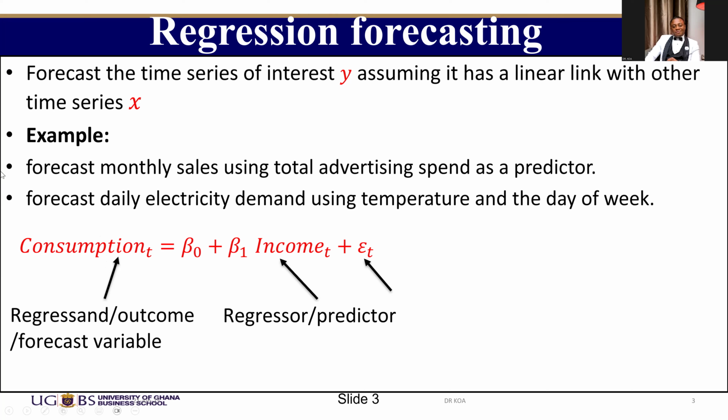For example, you and I know that it's not only income that can affect consumption. What are other factors that could affect consumption, but we haven't mentioned them? The family size can affect your consumption.